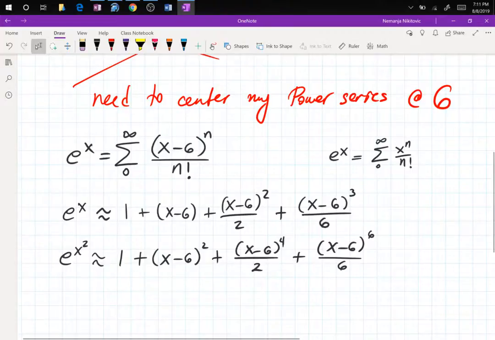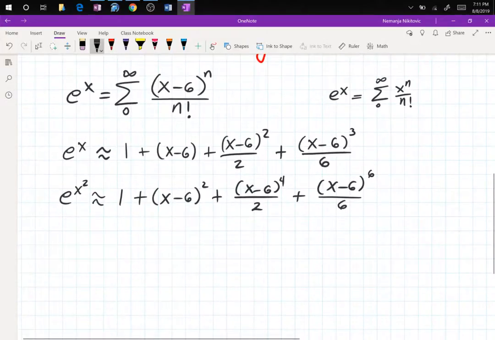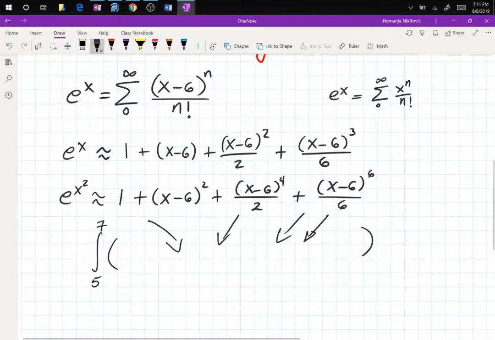Work out these polynomials, and all of a sudden you can integrate, and you integrate from 5 to 7. So now it's the integral from 5 to 7 of this stuff dx equals a joke, because it becomes a polynomial of the 6th degree when you FOIL.